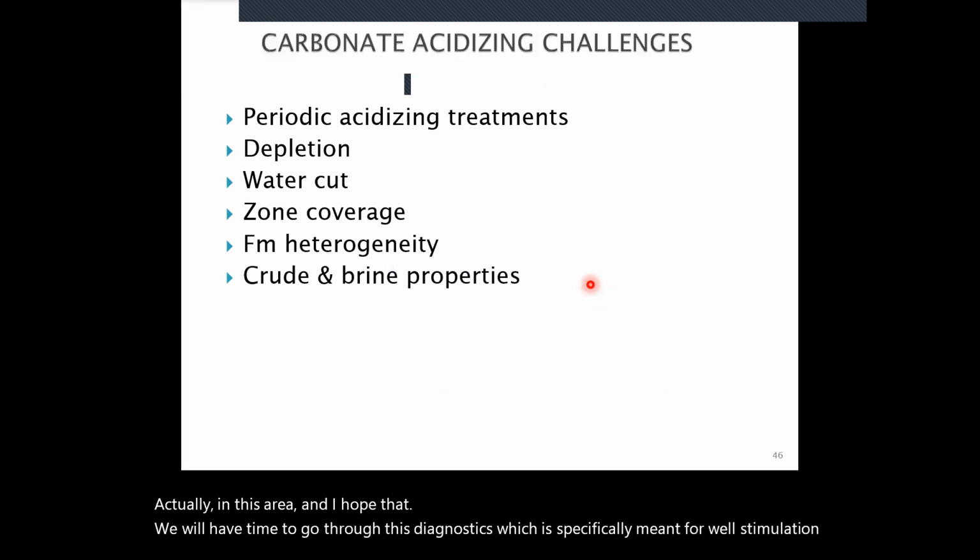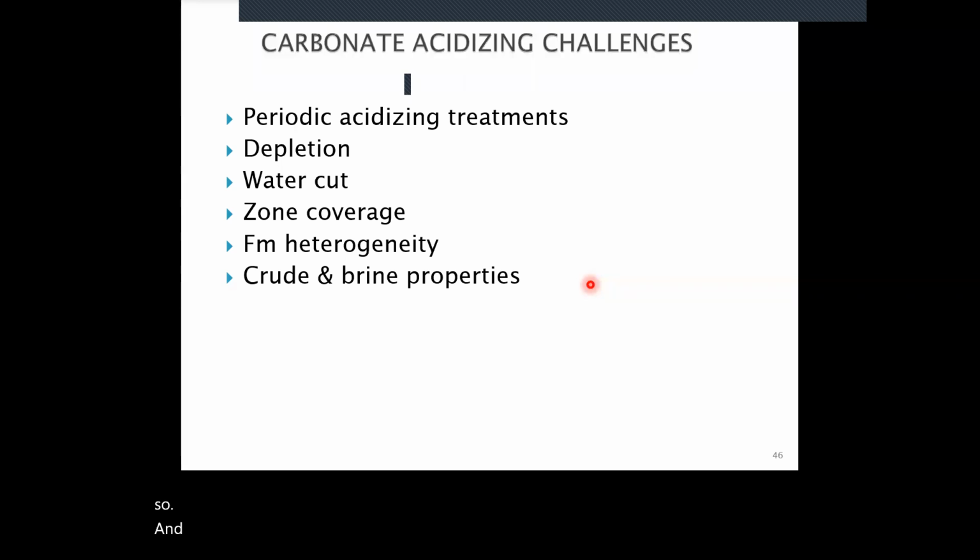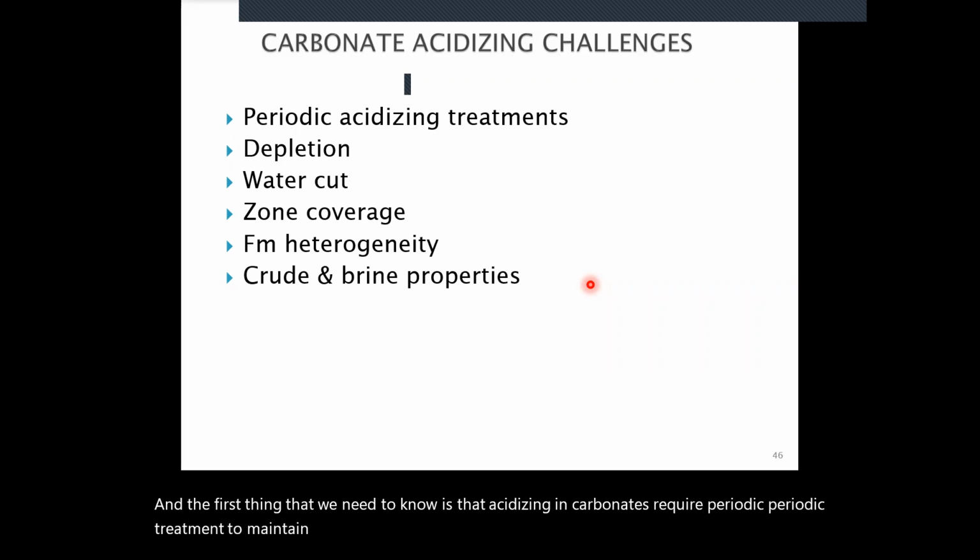Carbonate acidizing challenge. So these are the challenges of acidizing carbonates. The first thing that we need to know is that acidizing in carbonates requires periodic treatment to maintain economic production.